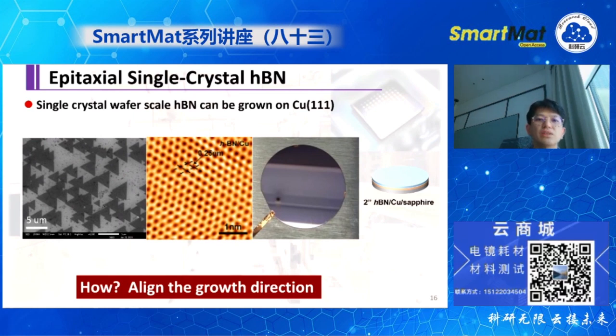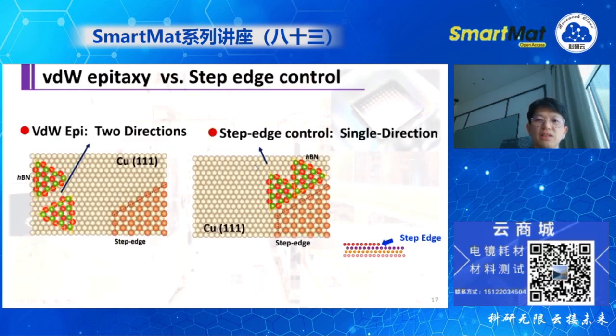So in a recent study in our group, we found that if we control the copper 111 substrate to a certain degree, then the hexagonal boron nitride grows and points in the same direction. So how does it work? This is something we are going to discuss now.